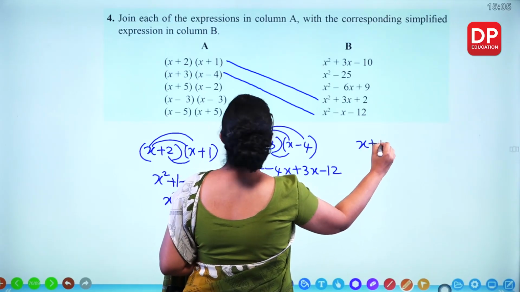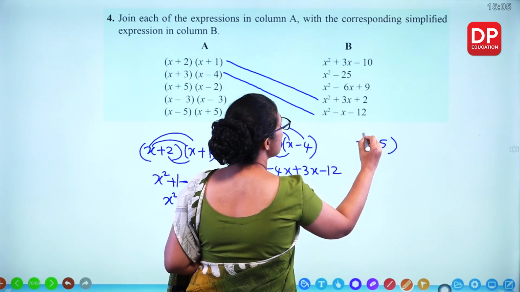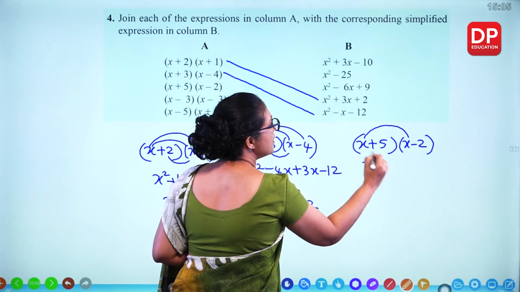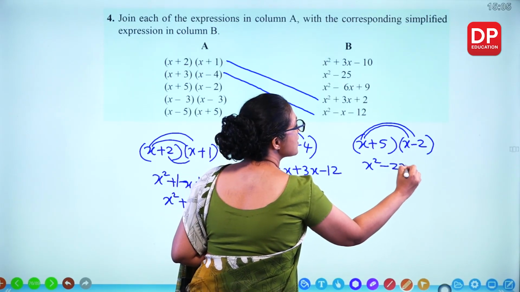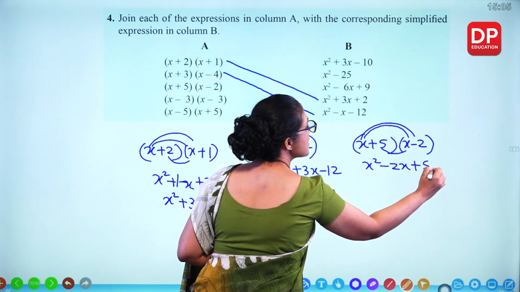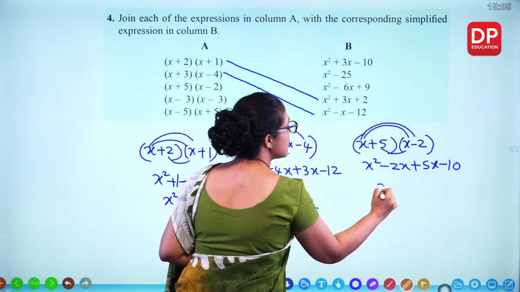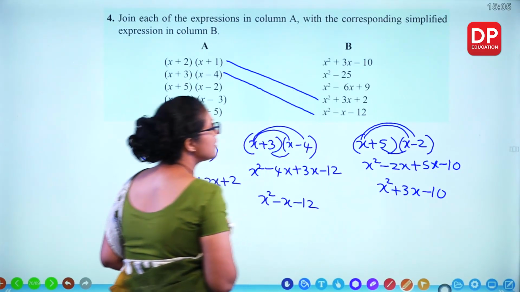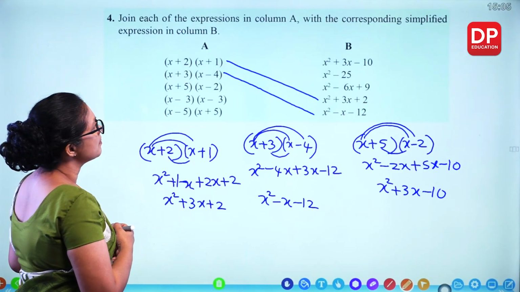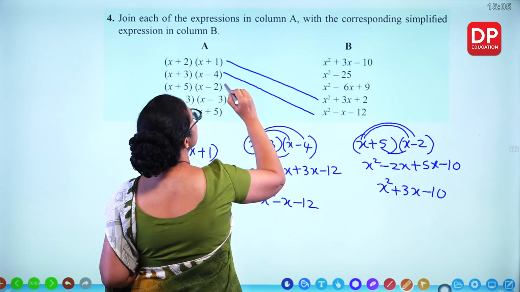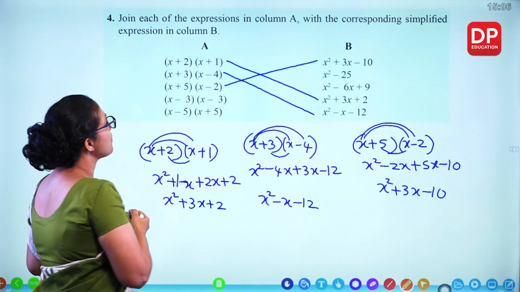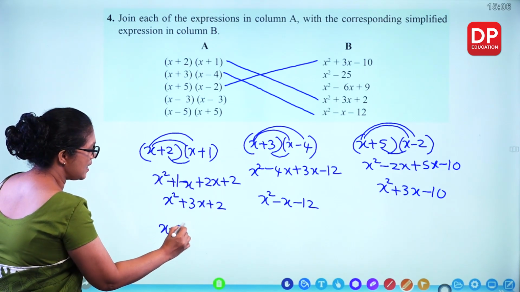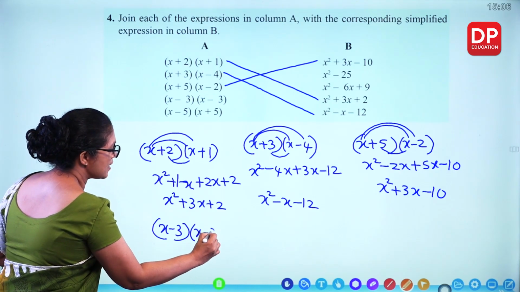x plus 5 and x minus 2. x squared minus 2x plus 5x and minus 10. You get x squared plus 3x minus 10. x squared plus 3x minus 10 is here. x minus 3, x minus 3.